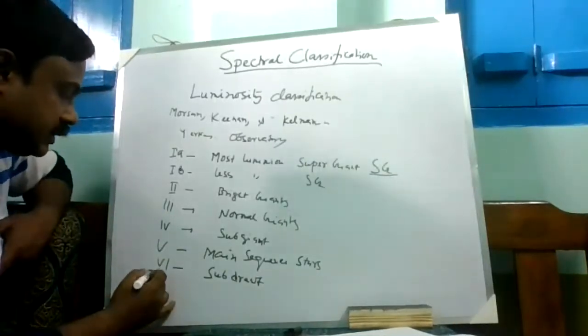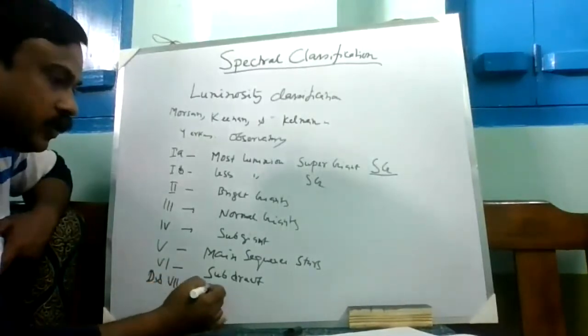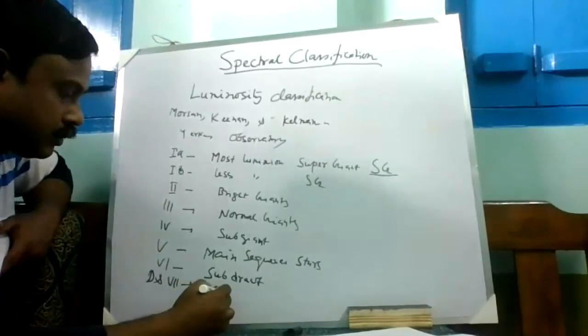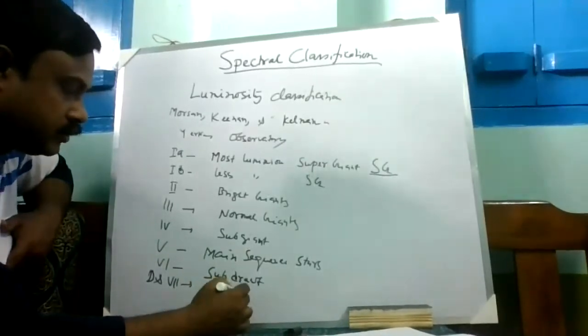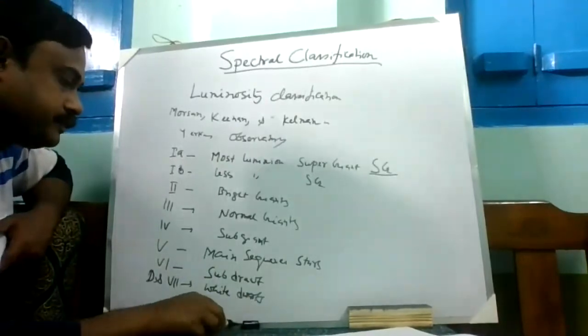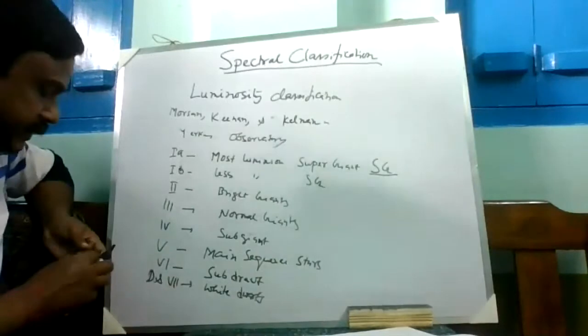And the last class is D, or 7, the dwarf stars, white dwarf stars. So these are the luminosity classifications.